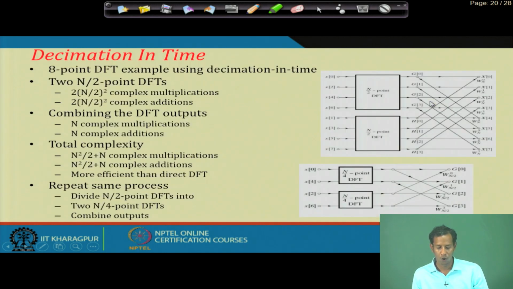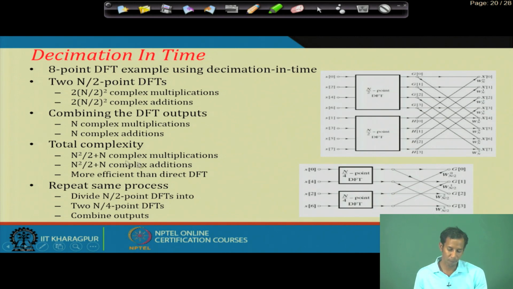For these two n by 2 point DFTs, we need 2 into n by 2 square complex multiplications as well as 2 into n by 2 square complex additions. Combining these two DFT outputs requires a total of n complex multiplications as well as n complex additions.